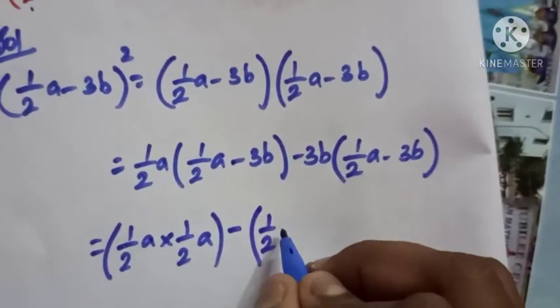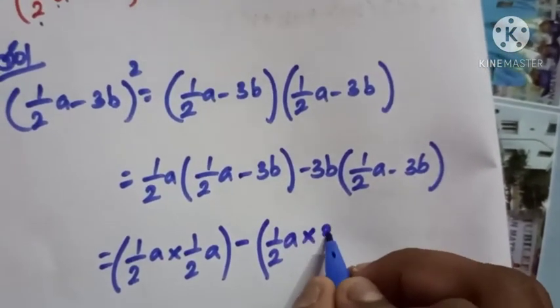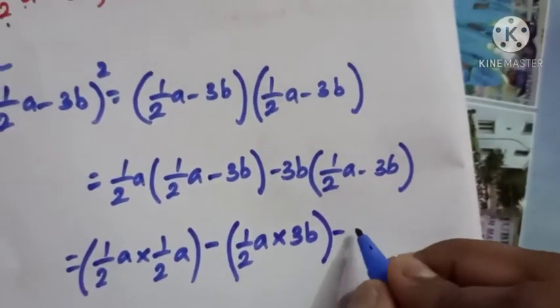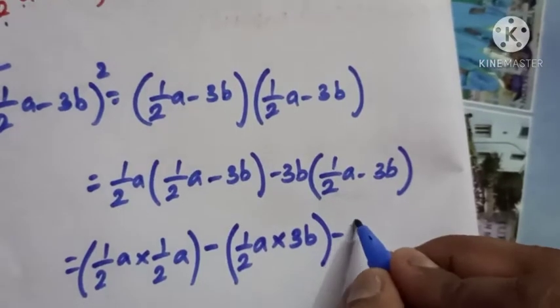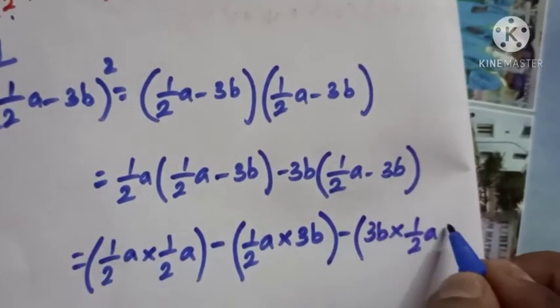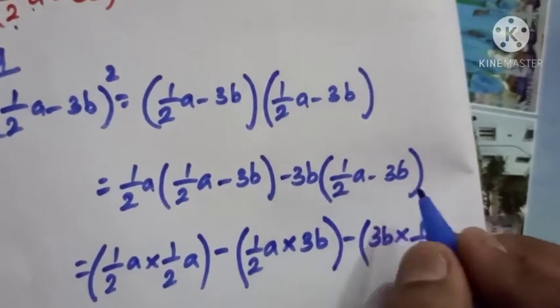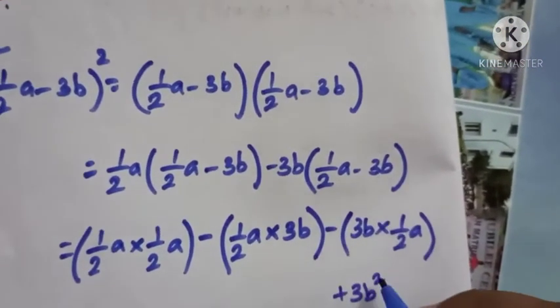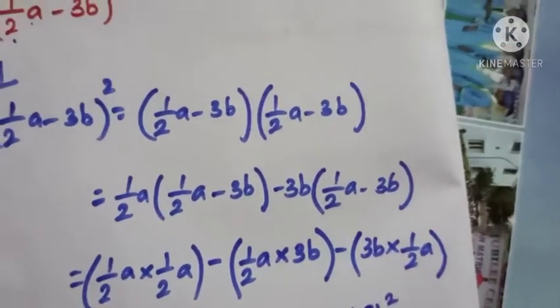So 1 by 2a into 3b, another one. So minus 3b into 1 by 2a, minus into minus, plus 3b square, 3 3s are 9, b square.